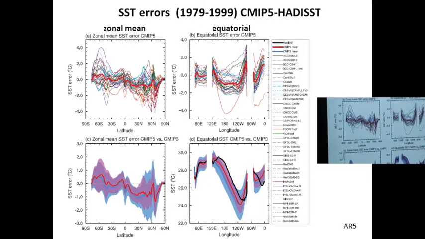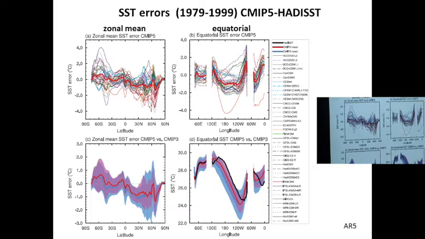But the models underestimate. So if the model underestimates, these changes could be higher than the projections are showing. So here is the equatorial error. Equatorial, what is this?